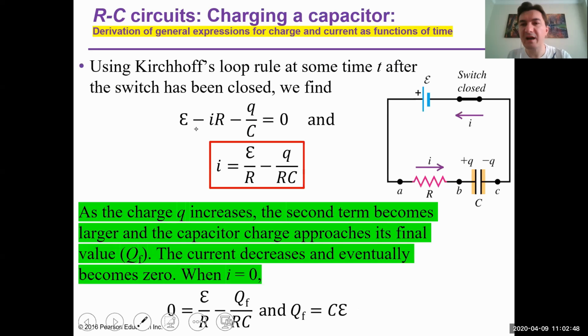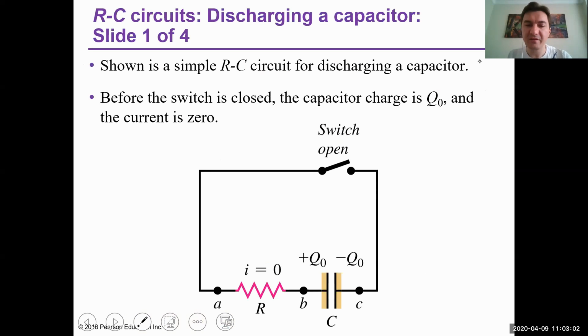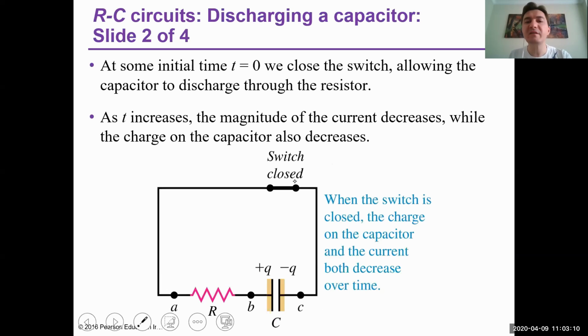In that situation, the capacitor is charged and the current went to 0, and then we remove the EMF and open the switch, okay? So the capacitor is fully charged, and the current is 0 in this system because the switch is open. And now let's close the switch.